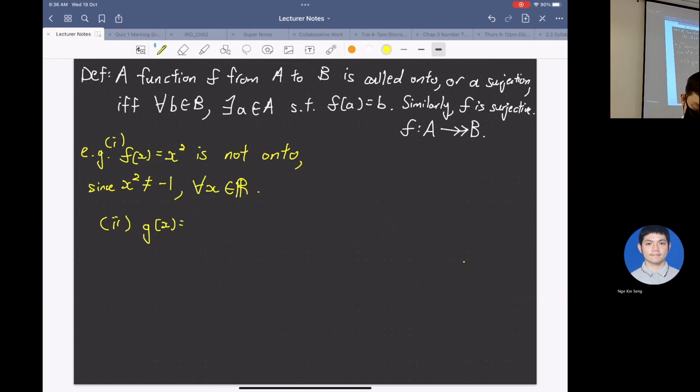How about g(x) equals x cubed, is it onto? If it is onto, then you need to find the pre-image for every element in the codomain. For example, in this case, take an arbitrary y in R, so in the codomain.